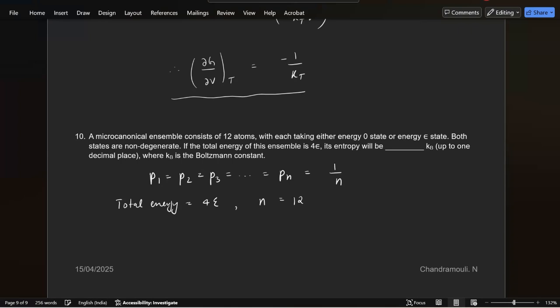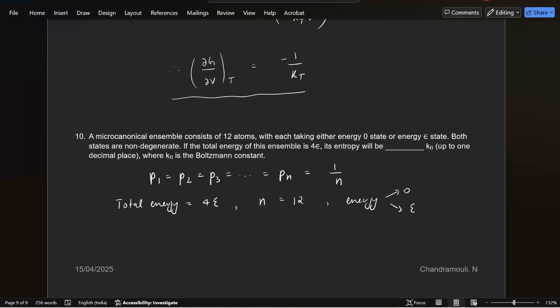And they are telling us the energy can be either 0 or epsilon, nothing like 2 epsilon or 3 epsilon. So any given atom can be either 0 or epsilon. And remember that all the states have equal probability.